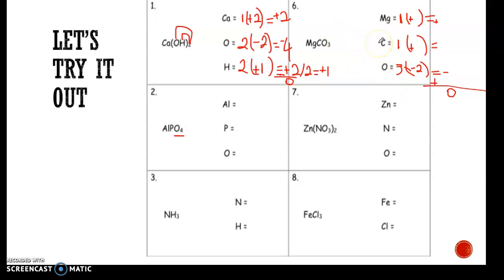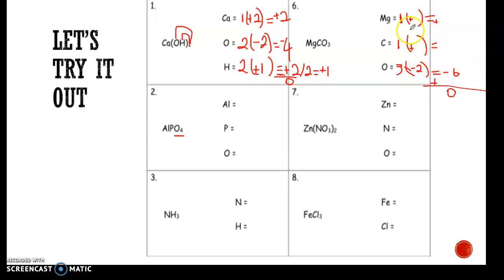Let's do this last one over here. Magnesium, CO3. This can be found in your notes. Just go ahead and do that. Magnesium. So we have magnesium has 1. Carbon has 1. Oxygen has 3. So once again, oxygen has one oxidation state, which is a -2. So 3 times -2 gives us -6.